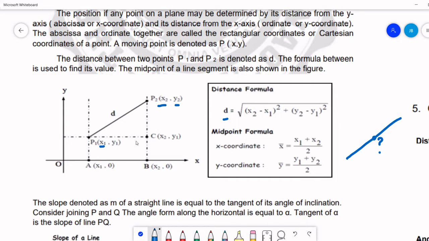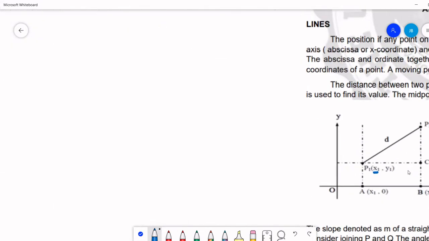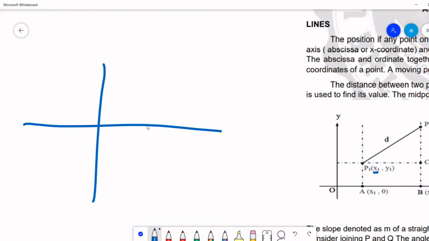Okay, let's say for example you have a Cartesian plane, and you're asked to find the distance between the point 2, 1, right? I assume you already know how to graph a point.